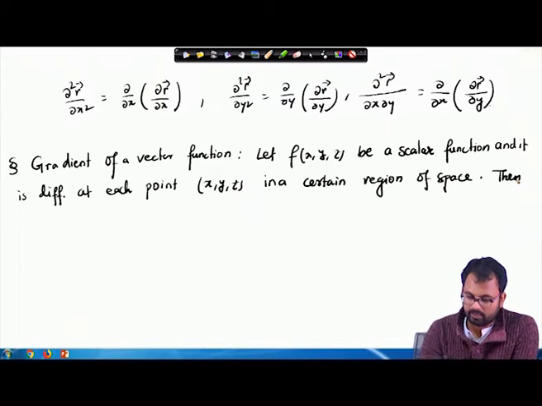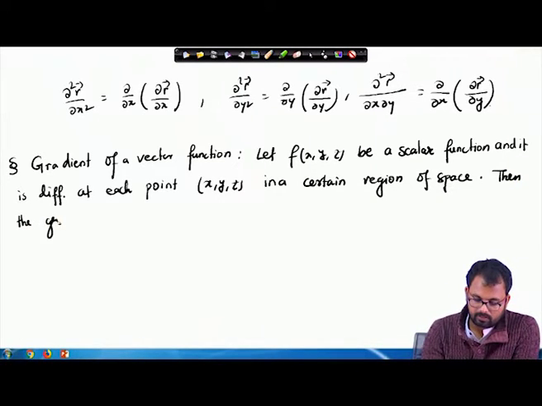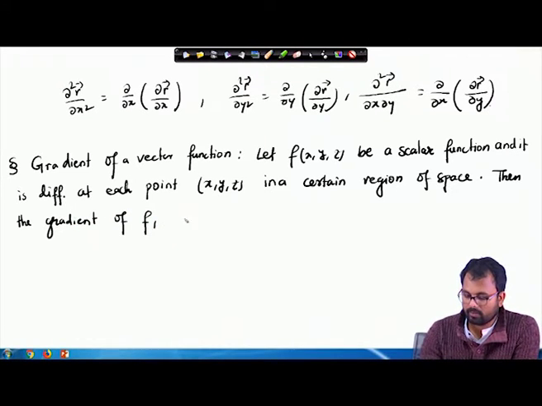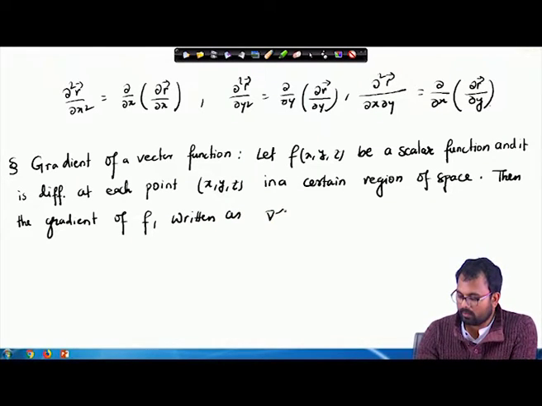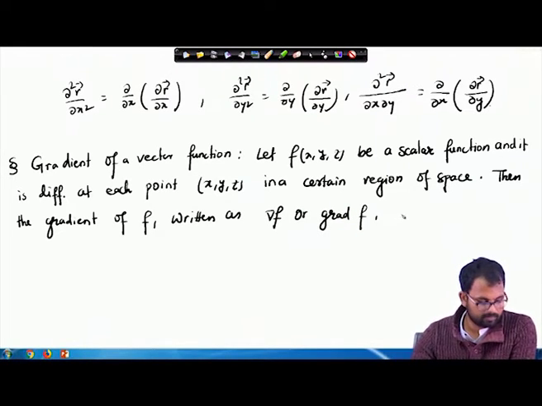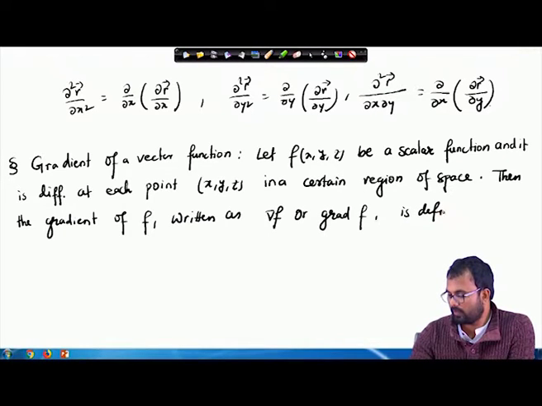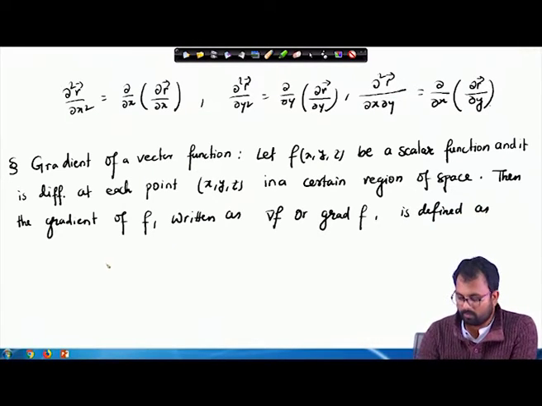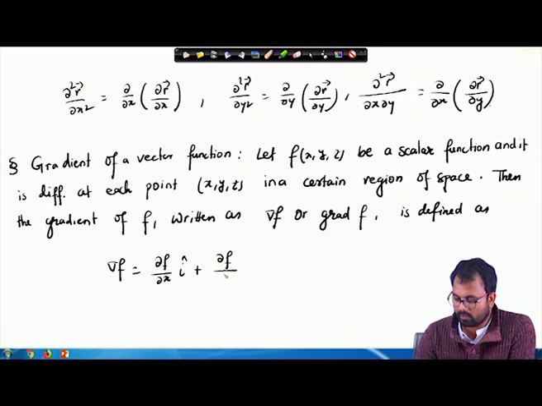then the gradient of f, written as grad f, is defined as: gradient of f is equal to del f del x times i, del f del y times j, and del f del z times k.